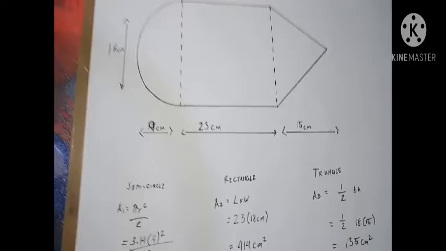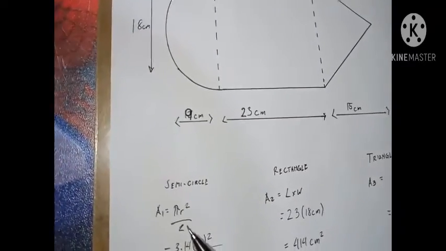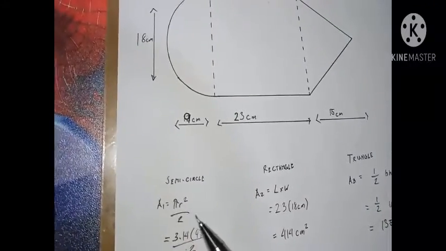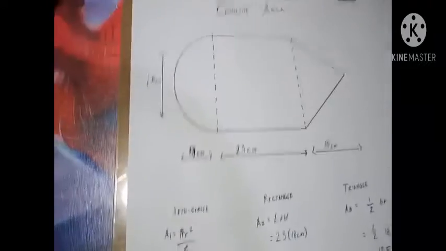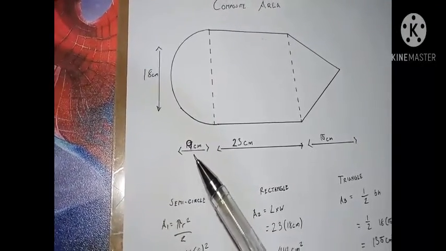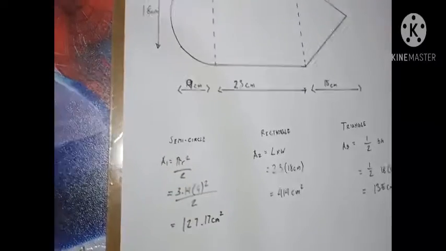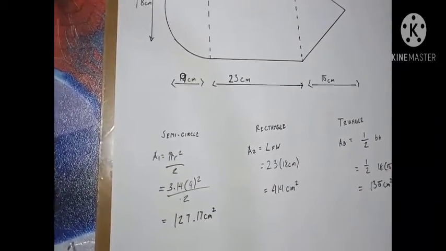So first, the semicircle. The formula of the area of a circle is pi r squared. As you can see, it's a semicircle, so we'll cut it in half and divide it by 2. 3.14 times the radius of the semicircle, 9 centimeters squared, over 2. So we'll get the answer 127.17 centimeters squared.